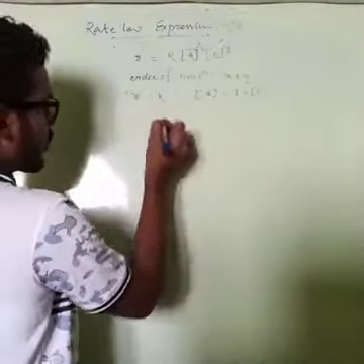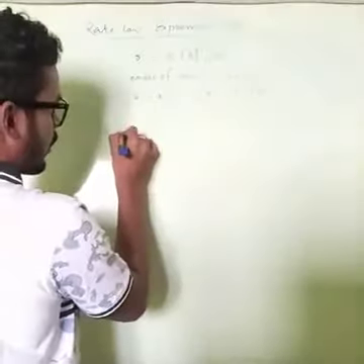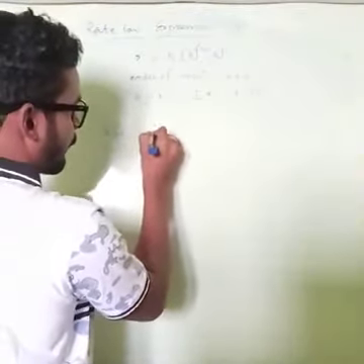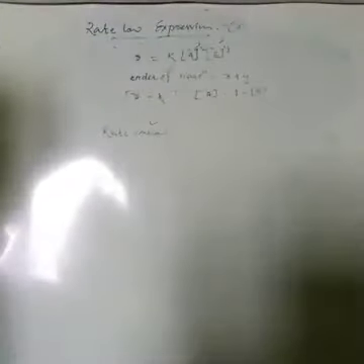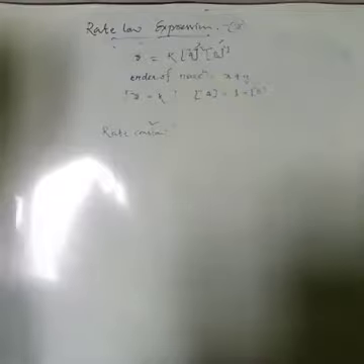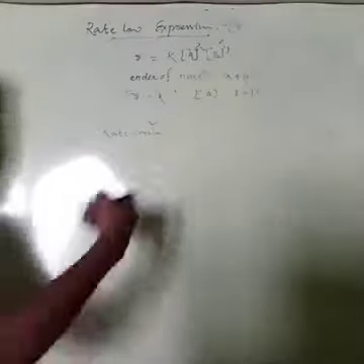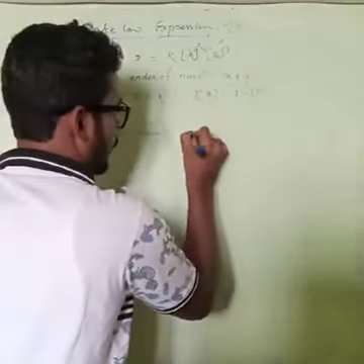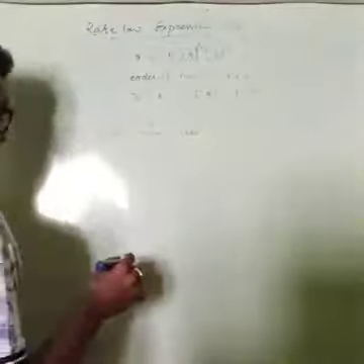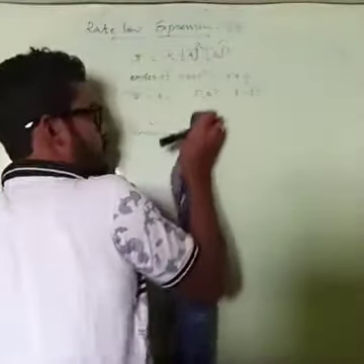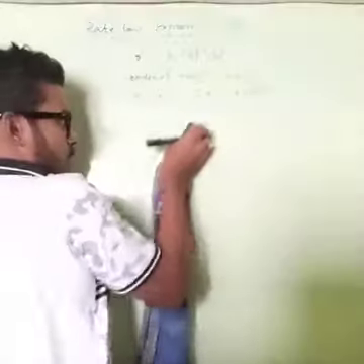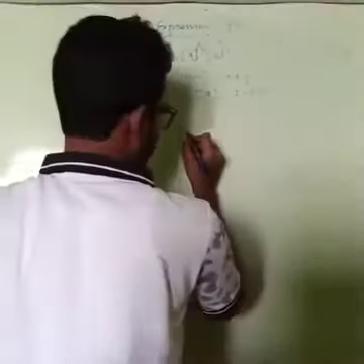K is also known as the rate constant, or this is also known as the velocity constant, you may say sometimes.